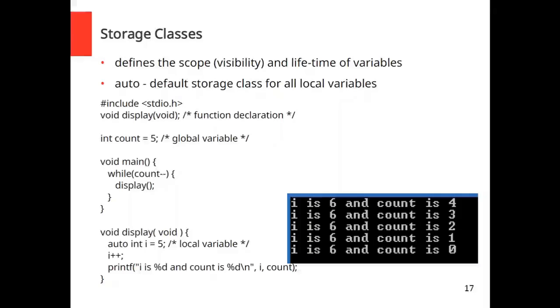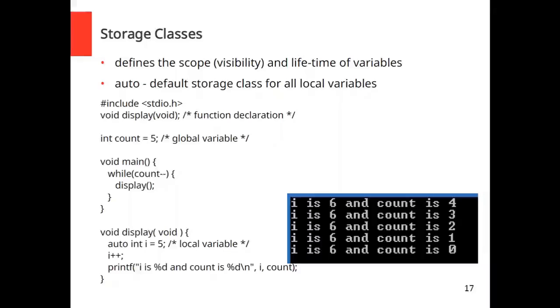of 5. In void main, inside that, while count minus minus, that is we are decrementing the value of the count variable by 1 and we are calling the function display. Inside the display function there is a local variable declared which is i of data type int and storage class auto, and it is initialized with the value 5.